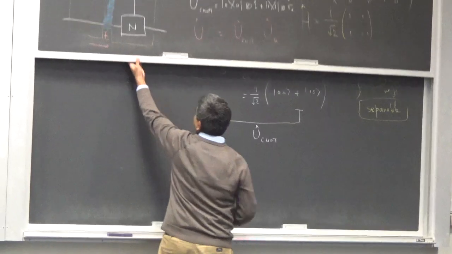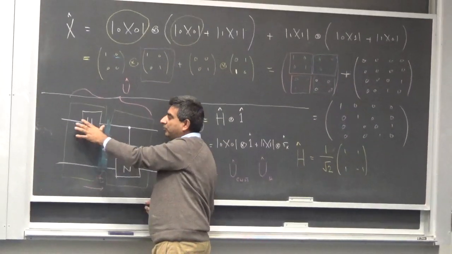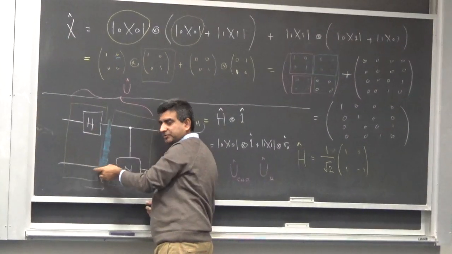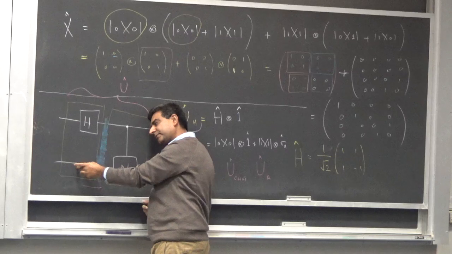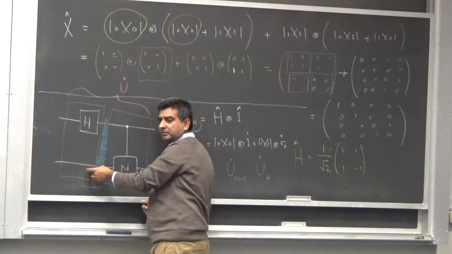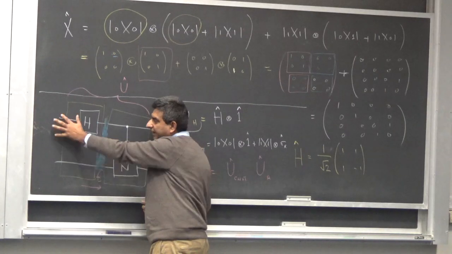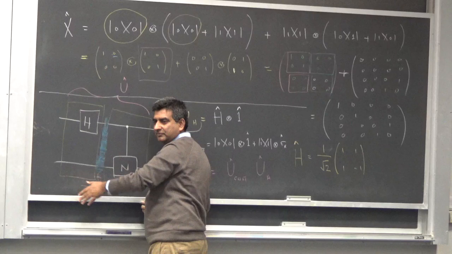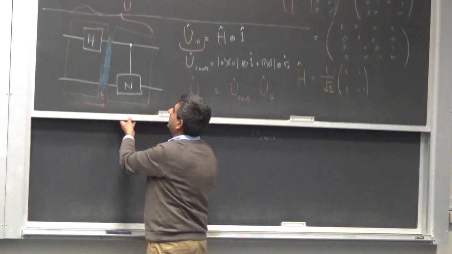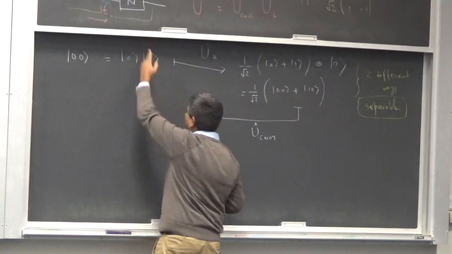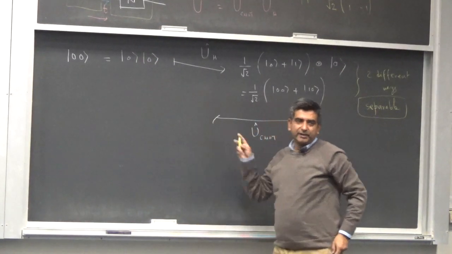I built the circuit physically so that the Hadamard only acts on the first qubit and nothing happens to the second qubit. It will remain 1. Yes. So it can take any input states. Okay? Now what is the output going to look like here?